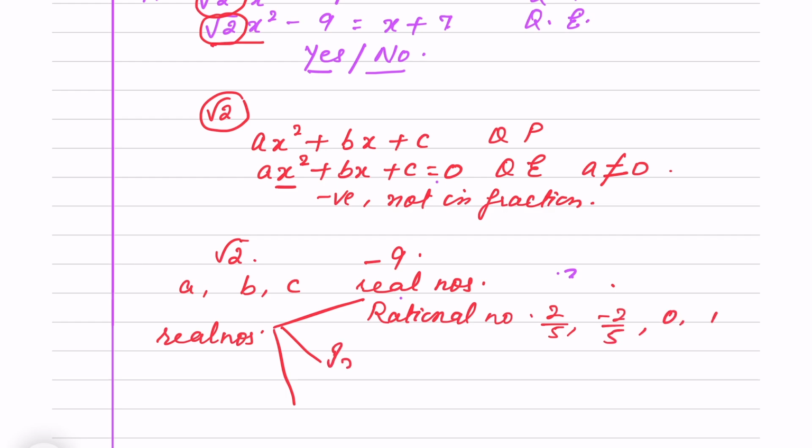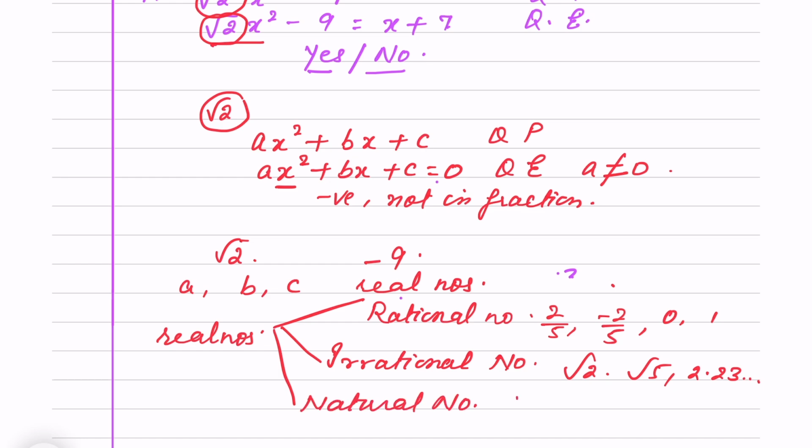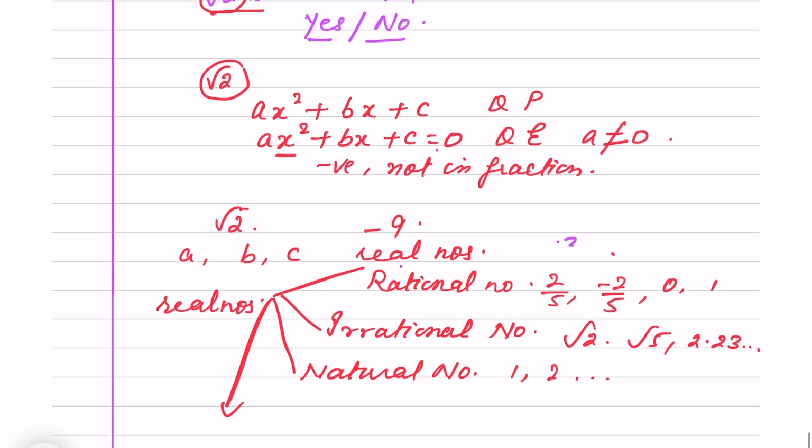It can be an irrational number like root 2, root 5 or 2.23. It can be natural numbers starting from 1 to 3. It can be integers. So numbers can be of any form.